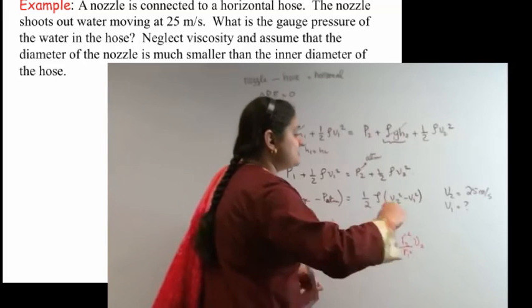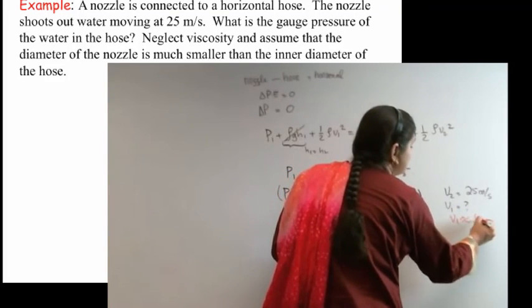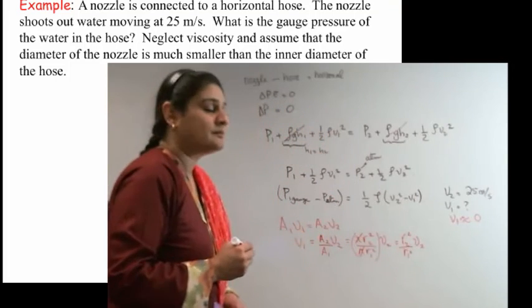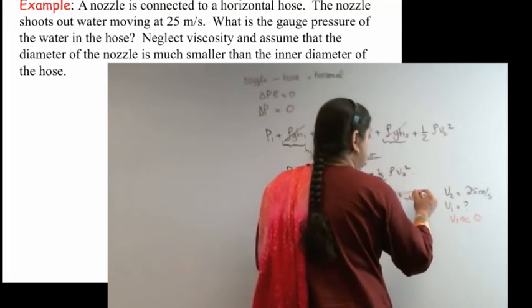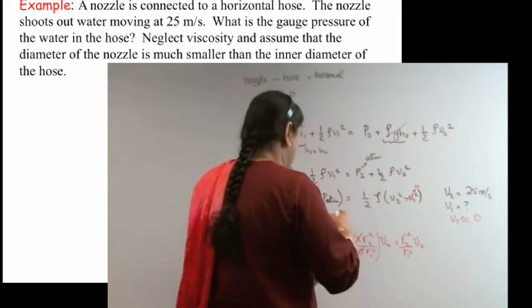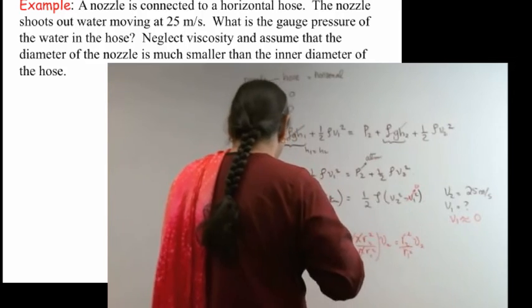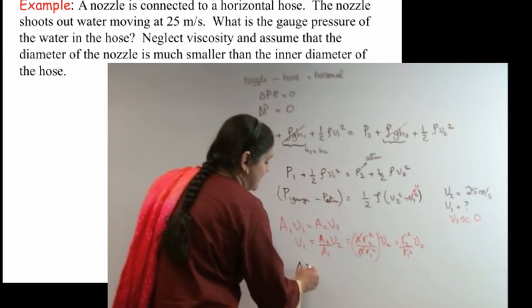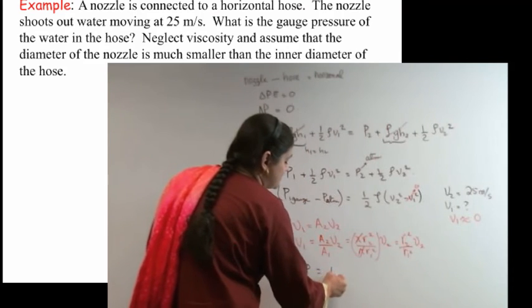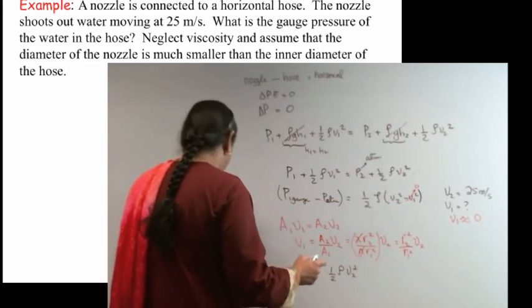So with respect to V2, V1 can be assumed to be almost 0. This means if this is almost 0, this goes away. What am I left with? I am left with delta P that I'm looking for, which will equal 1/2 rho V2 squared.